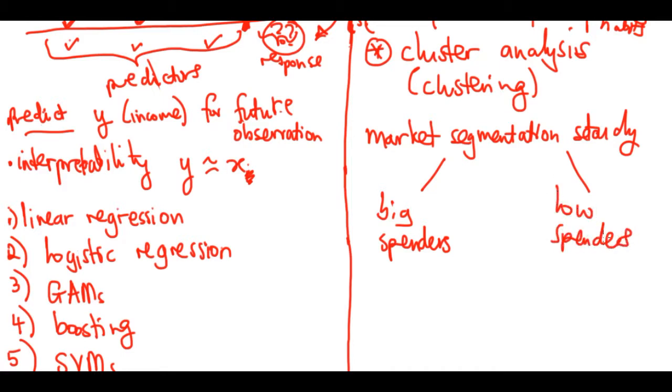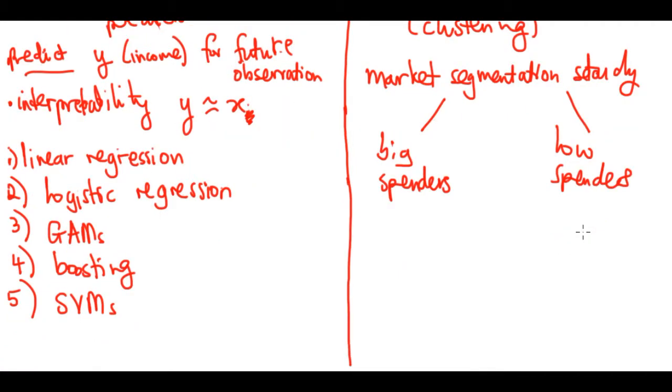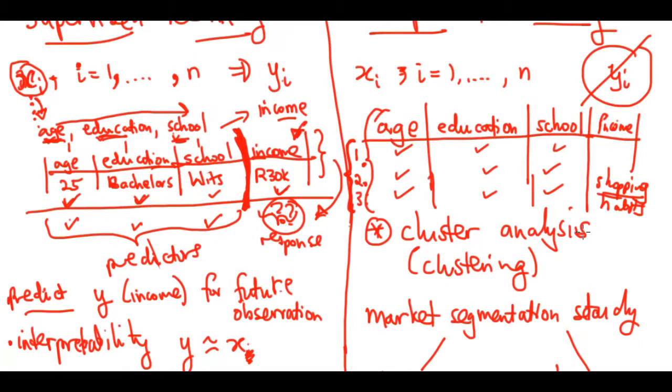So if in our data, after getting this information, we had a column that said group, and for each person said, oh yeah, we've collected this, and you are a big spender, you are a low spender, that would be good, because we would use this group to do supervised learning. You know what I mean? We would use this as the target variable, or as the response variable.